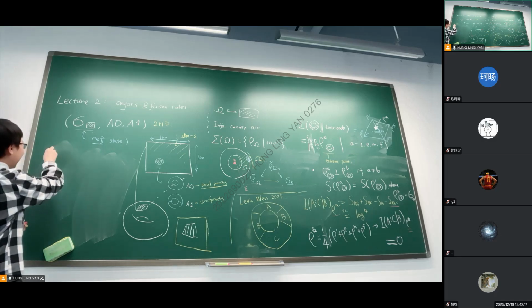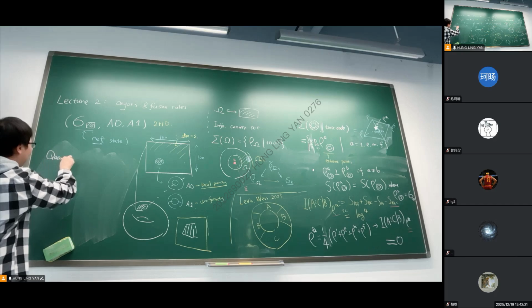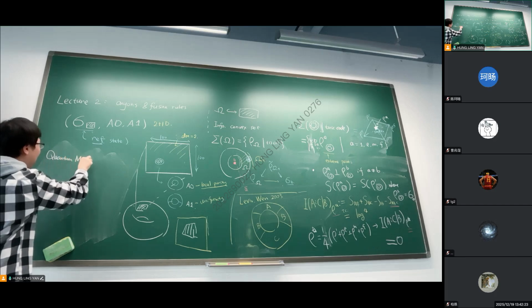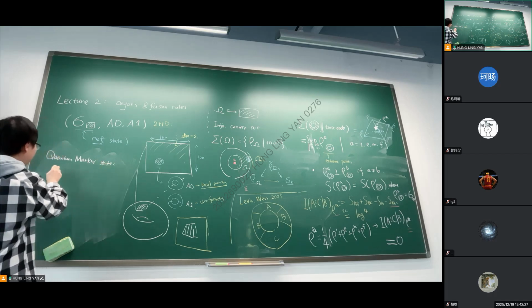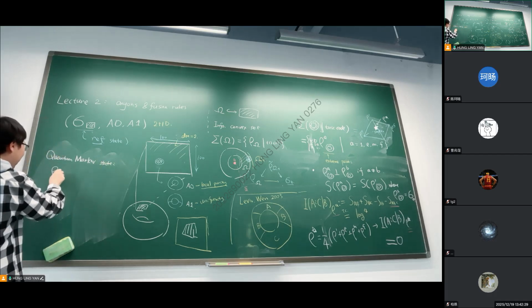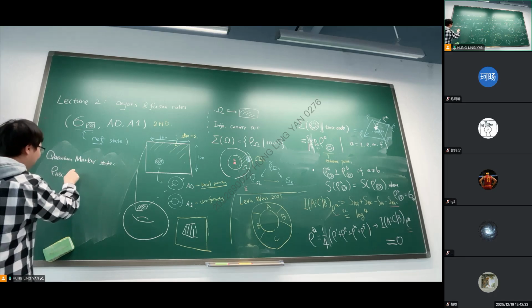But let me write it here. Quantum Markov state. Your ABC is defined with this defining property.